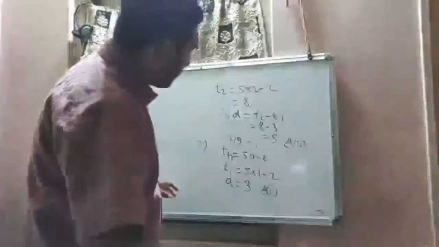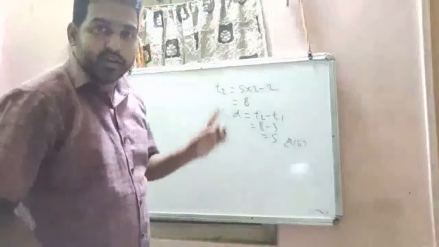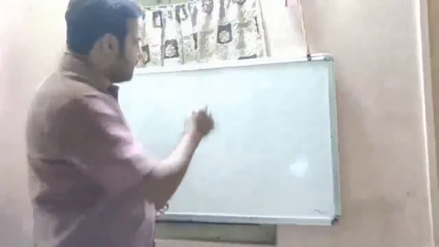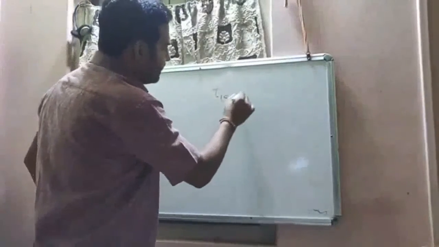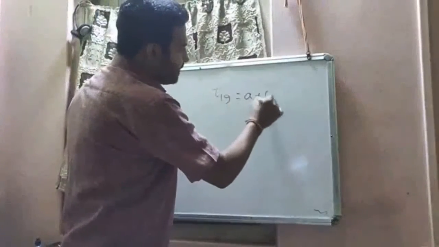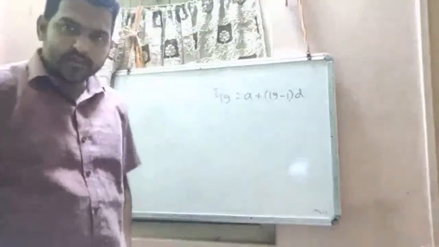Now, a is equal to 3, d is equal to 5. We have to get the 19th term now. T19 is equal to, what can we write? a plus 19 minus 1 into d. This is what we have already learned.